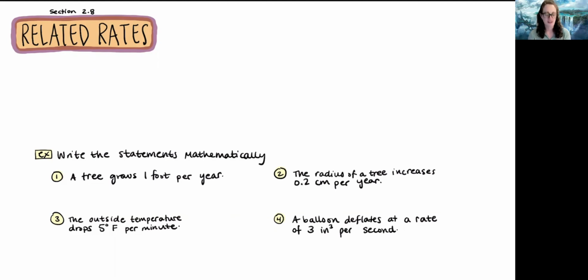Just to give you a brief overview about what this section is, and stepping back a little bit and remembering what we're doing in general with this class as a whole. Differential calculus is what we are studying. There is another branch of calculus called integral calculus.